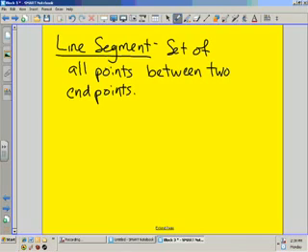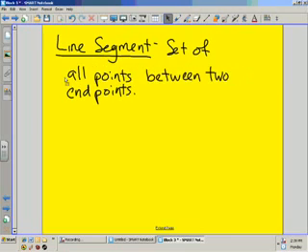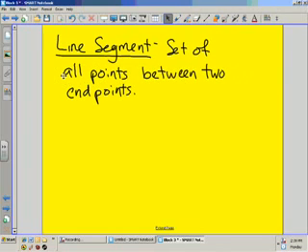Set of all points between two endpoints. And please remember, when we're talking about the set of all points, this area right here. The set of all points between two endpoints. The set of all points is going to be pearls. So we're looking at the pearls between two stopping points.